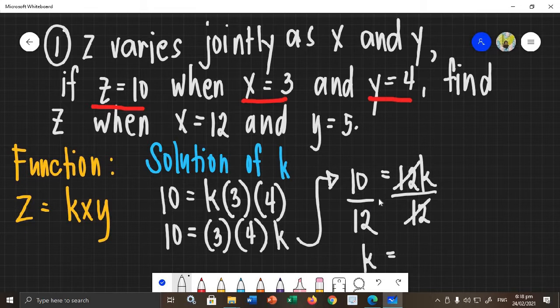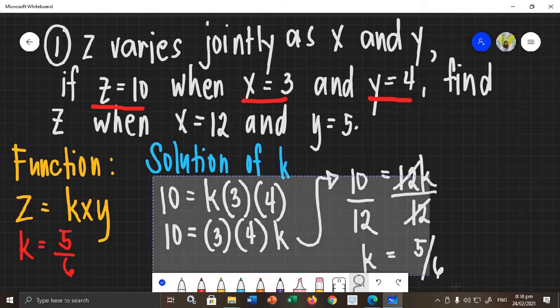Let's divide it by 2. When we divide by 2, it will become 5 over 6. So, that is now the value of your K. So, let's write here, K is equal to 5 over 6.